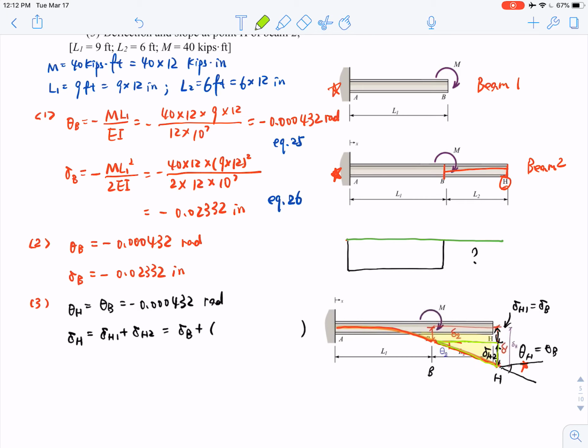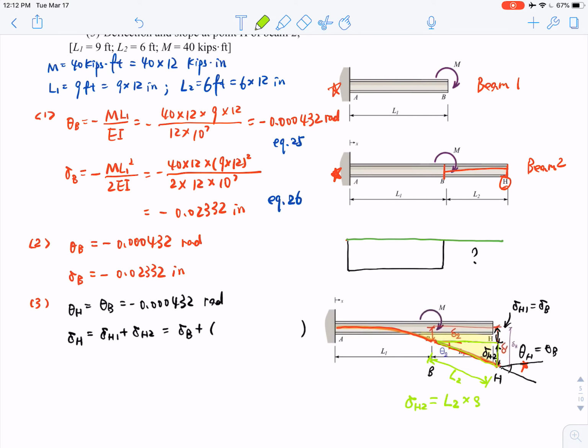Right? So in this triangle, this delta H2 can be calculated from L2. Here is L2, right? After the rotation, it will be L2.